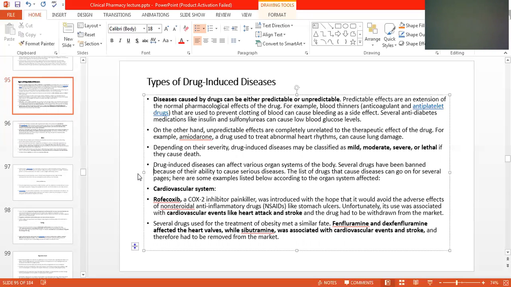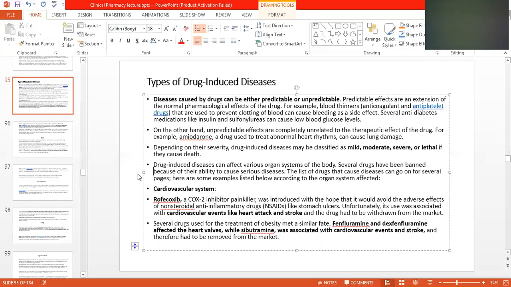Unfortunately, its use was associated with cardiovascular events like heart attack and stroke, and the drug had to be withdrawn from the market. The drug is very effective in joint pain, but it causes severe side effects on the heart, meaning cardiac failure or cardiac attack.